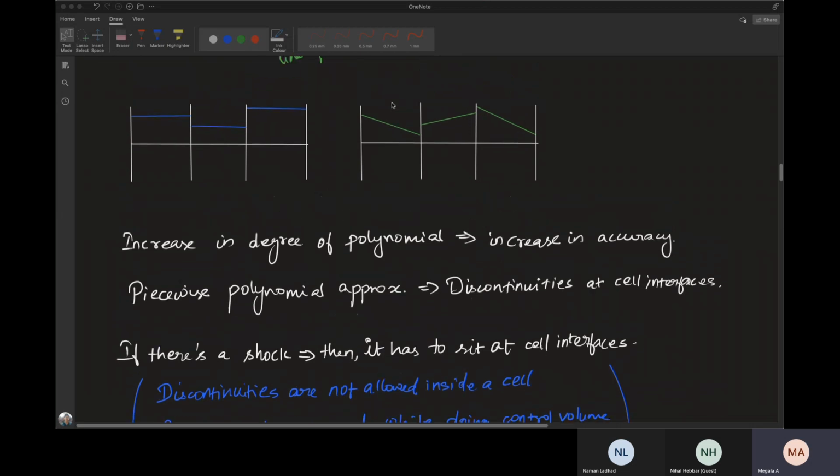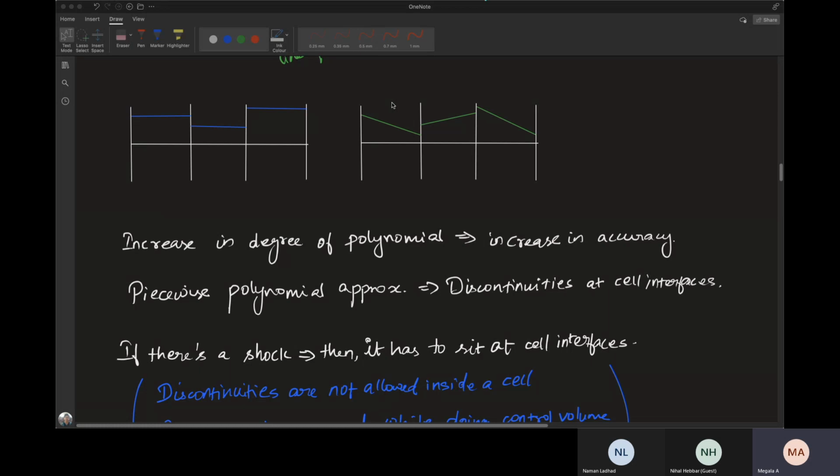Because inside the cell, we are assuming smoothness and we are doing control volume analysis, which means that you assume inherently that your value of u is smooth. That is, the variable that you're interested in is smooth, and then you go about doing control volume analysis. So this assumption is inherent there.